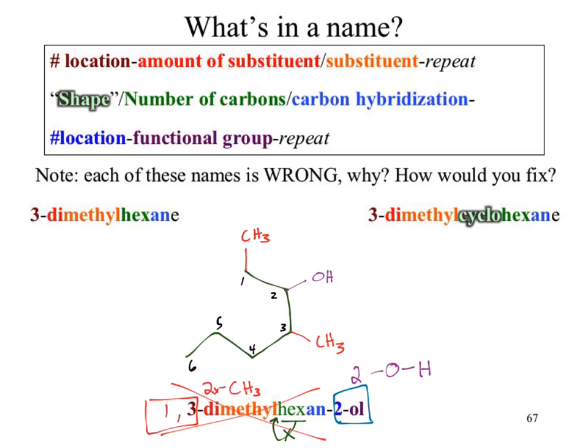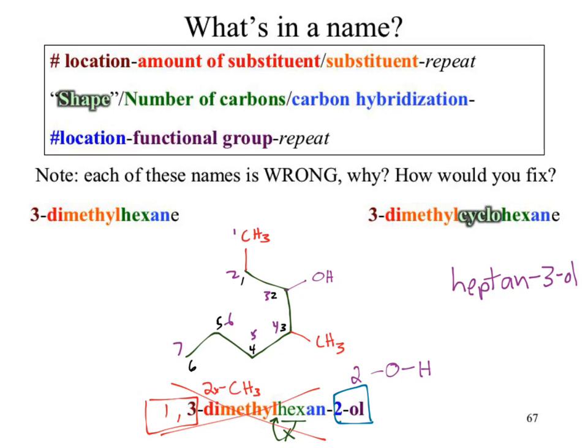What would the name of my structure be supposed to be? Seven carbons, which means hept. They're all single bonds, so I can go with hept-ane. Okay. I can go with an -ol, located at what position?